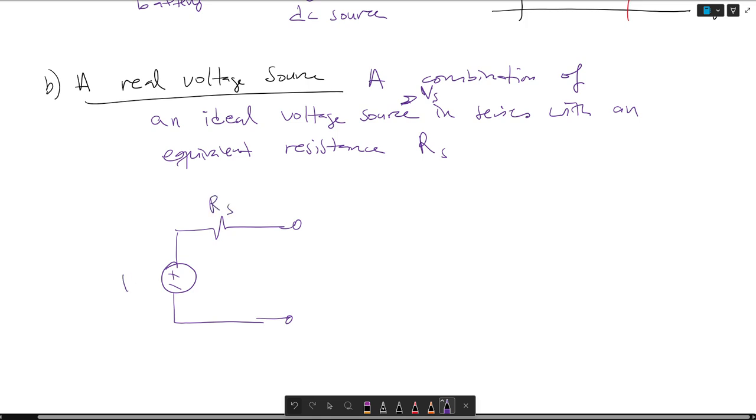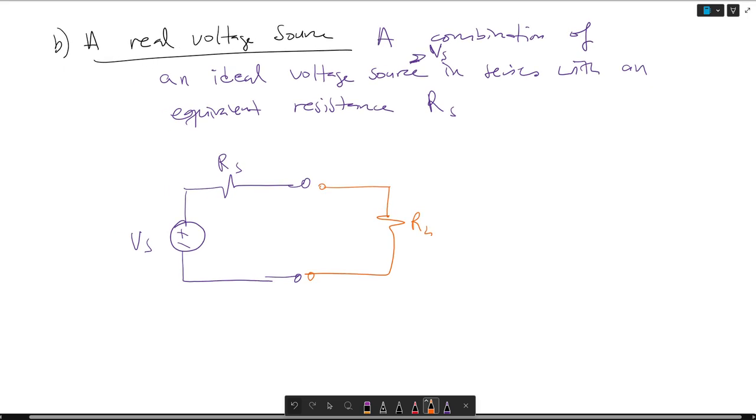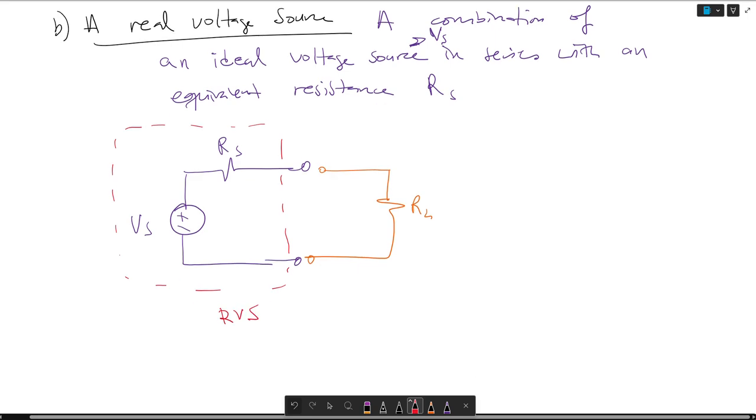An example of this looks like this. This is Rs, this is Vs, and essentially you have RL located right there. And this right here is what you call your real voltage source. And we have to note that Rs is a lot smaller than RL.